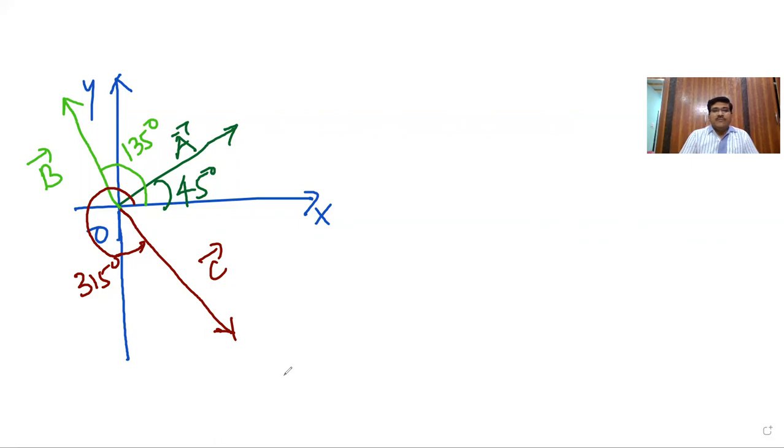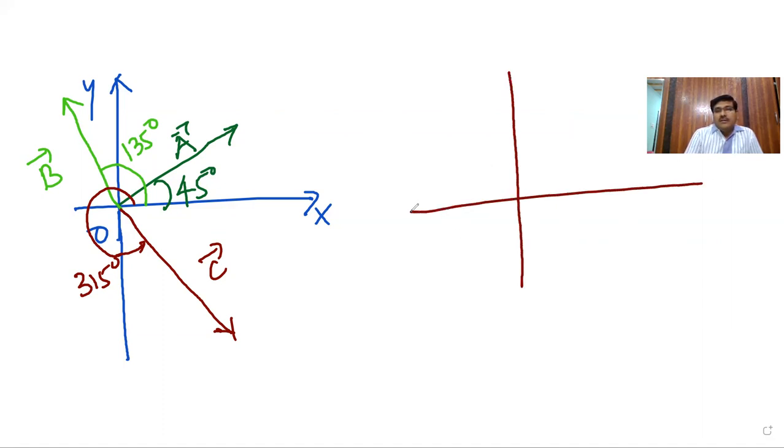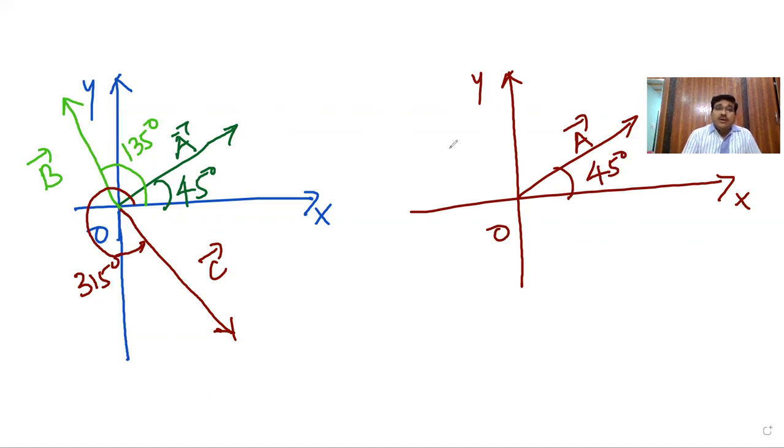Now I want to simplify this. I would like to redraw the diagram. This is x-axis, this is y-axis. Let us say A bar is making 45 degrees, already given, with respect to x-axis. Now, what is B bar?